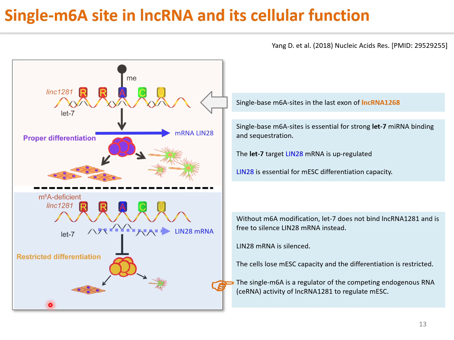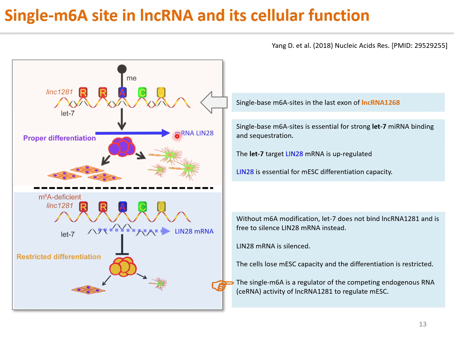In lncRNAs, m6A modification also plays cellular functions. In lncRNA linc1281, the single m6A site is essential for strong microRNA let-7 binding, which acts as a microRNA sponge to competitively prevent Lin28 mRNA from being silenced.